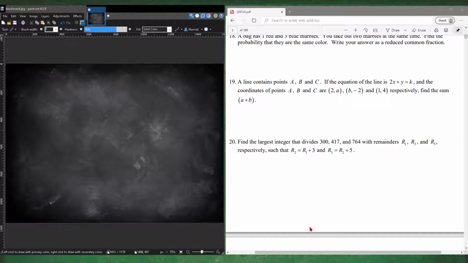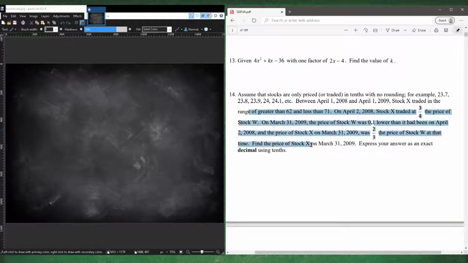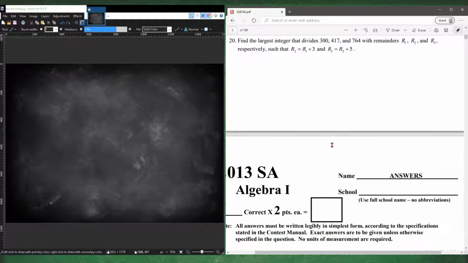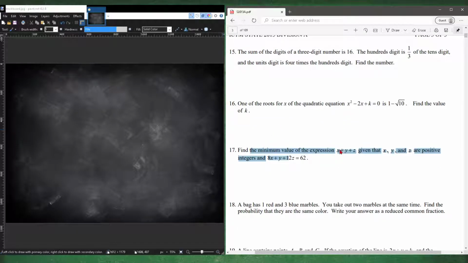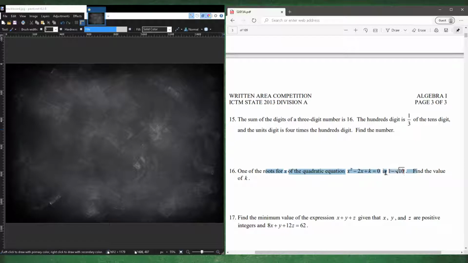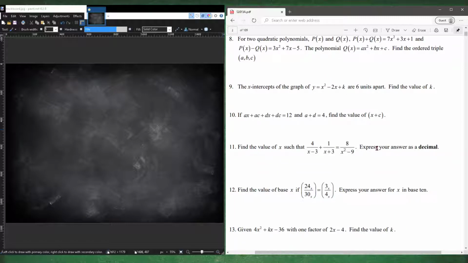Well, that completes everything. Overall, this year was kind of challenging. We have questions 20 and 14, which would take a while. But then they have some basic questions like slope, probability, optimization, and the quadratics, and then just some logic ones like 15, 10, and 9.